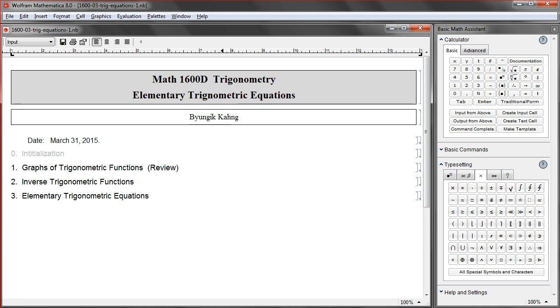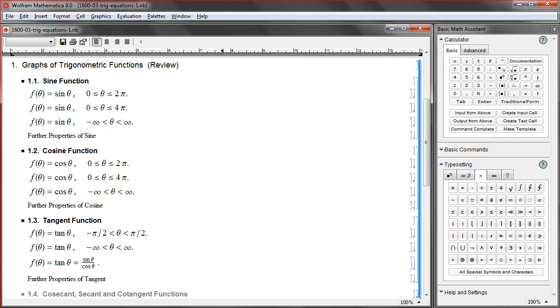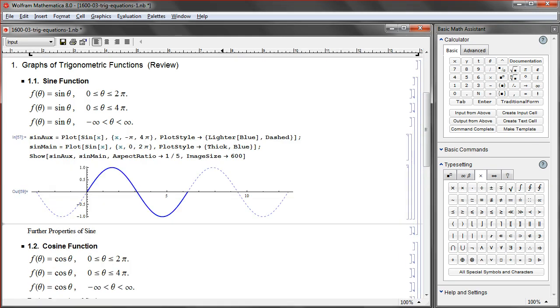Okay, let's go over to inverse trigonometric functions. In order to do that, we have to start with standard trigonometric functions, sine, cosine, and tangent. Here is the graph of sine function. Going up and down like this, it is an odd function that begins from the origin 0, 0.